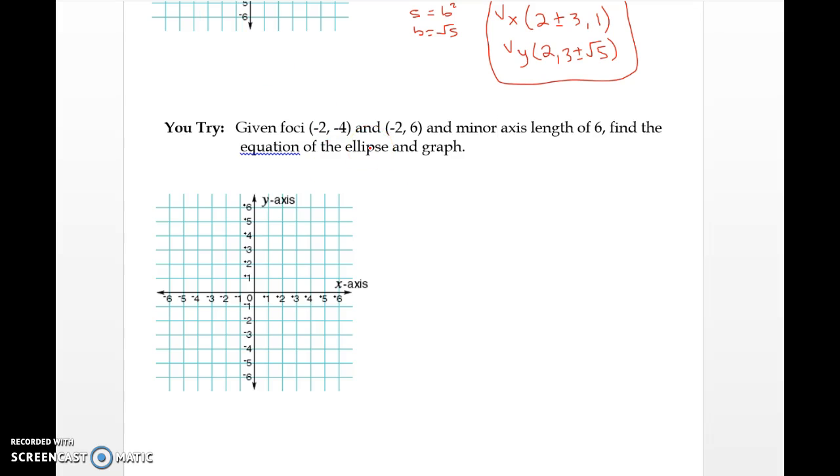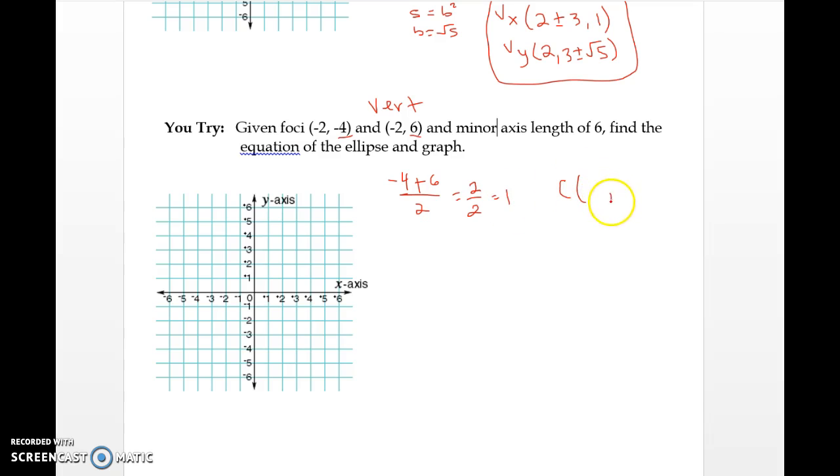So we have to check first what has changed. What has changed is our y part, which is why it's vertical. So I can find the midpoint there to find the center. Negative 4 plus 6 all over 2 is 2 over 2, which is 1.